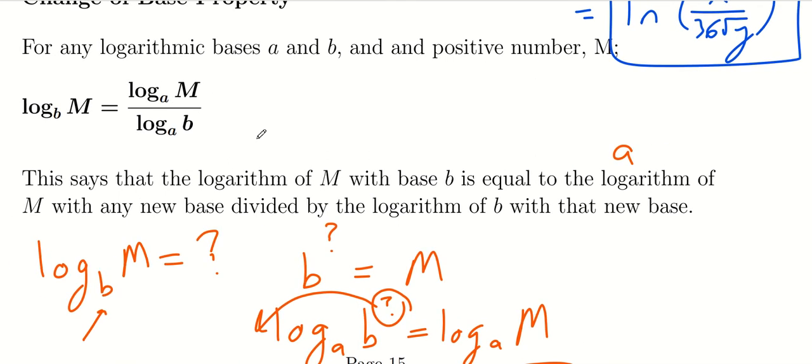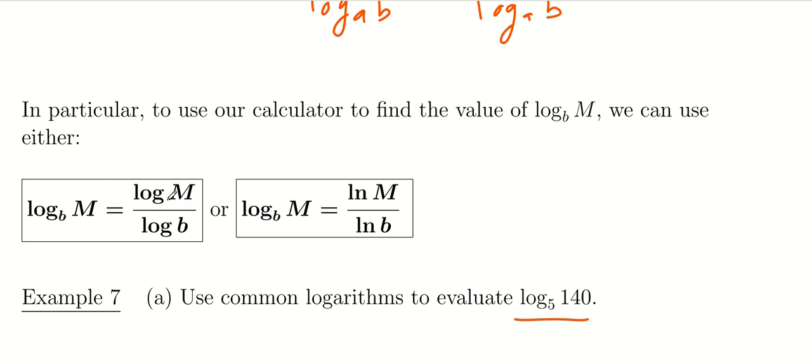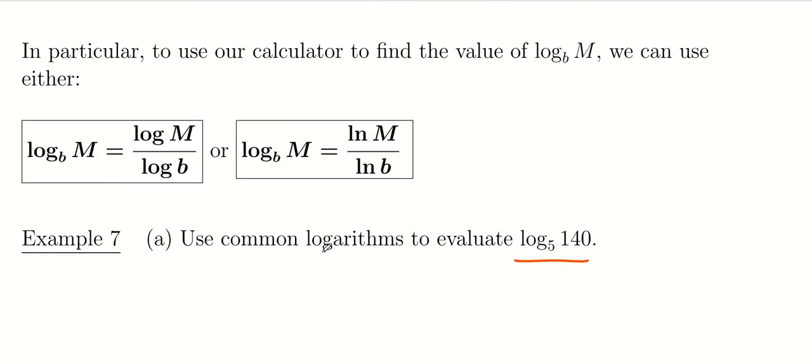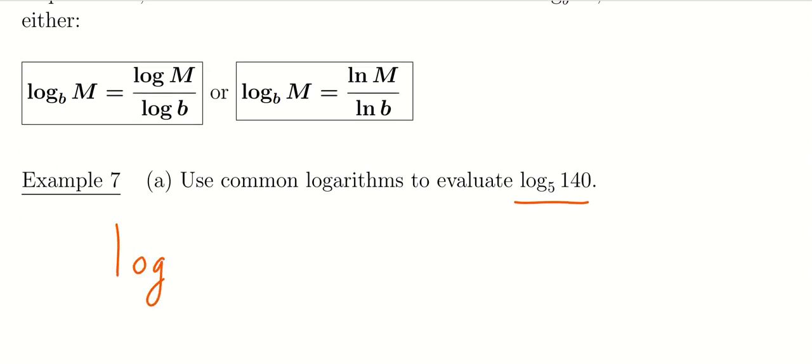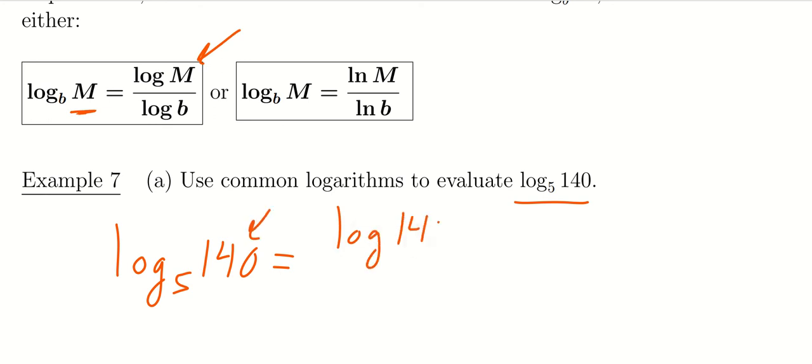Again, we want to use bases that are easy to work with. So for us, a is almost always either 10, common log, or ln. It doesn't matter which one you do. For example, if we wanted to use common logs to evaluate log base 5 of 140, according to the change of base formula, this would be equal to, in the numerator, the log of the value on the inside, the log of 140, divided by, in the denominator, the common log of the base, which is the common log of 5.